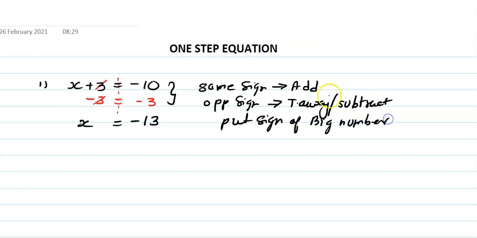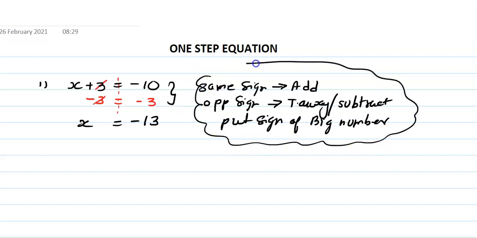Like here, minus 10 and minus 3 have the same sign, minus and minus, so same sign means you need to add, so 10 and 3 is 13. Then put the sign of the big number: 10 is big, and 10 has a minus sign with it, so we put minus 13.